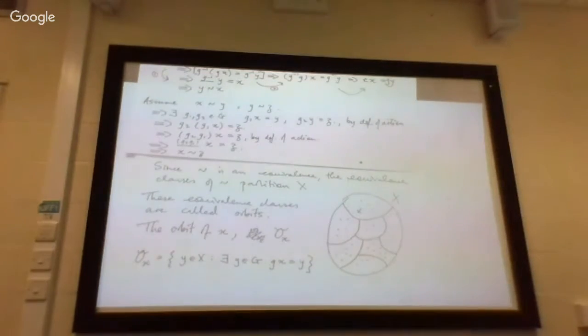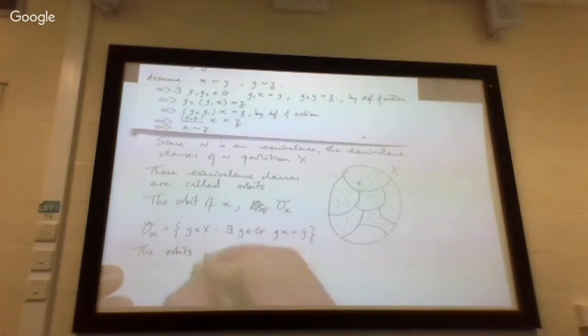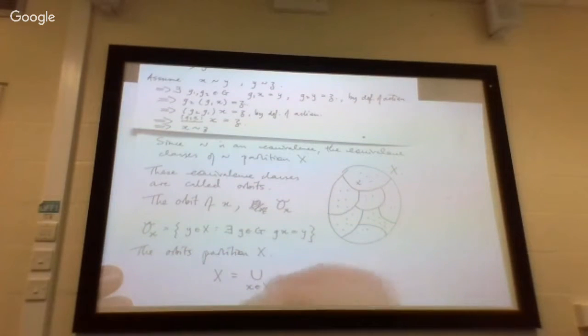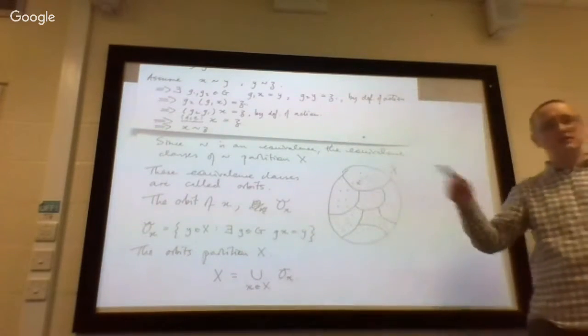And these orbits partition X. They are the equivalence classes under the equivalence relation, so they partition X. So in other words, we can write expressions like this. X is equal to the union, so this is like a big union operator, like a big summation operator.